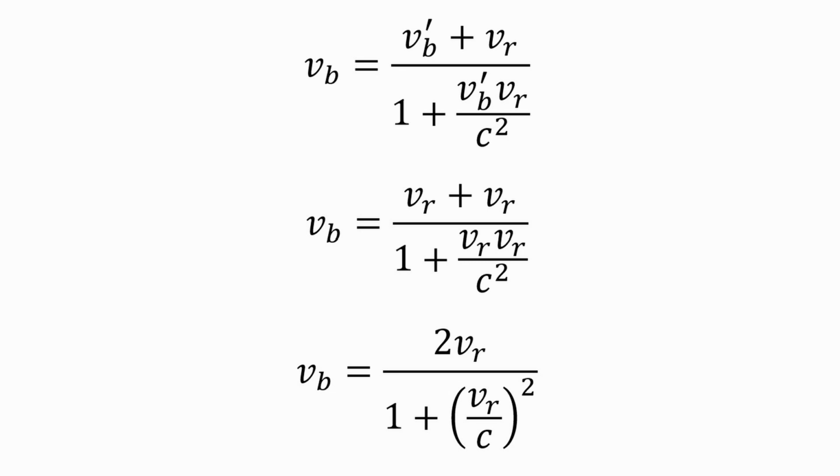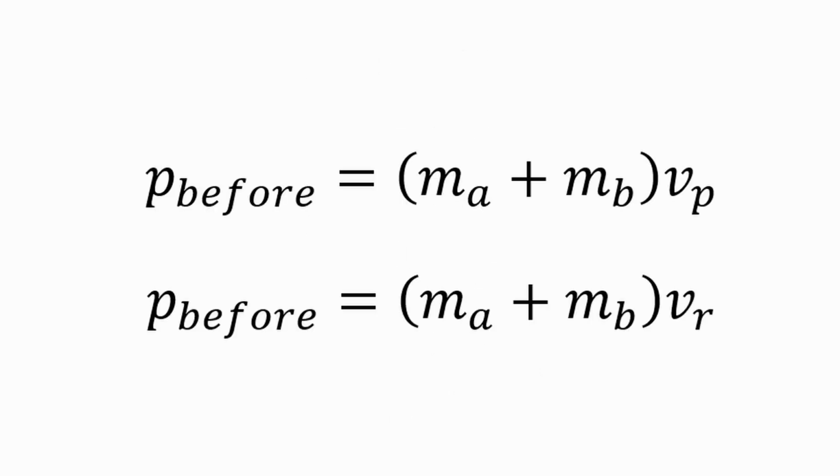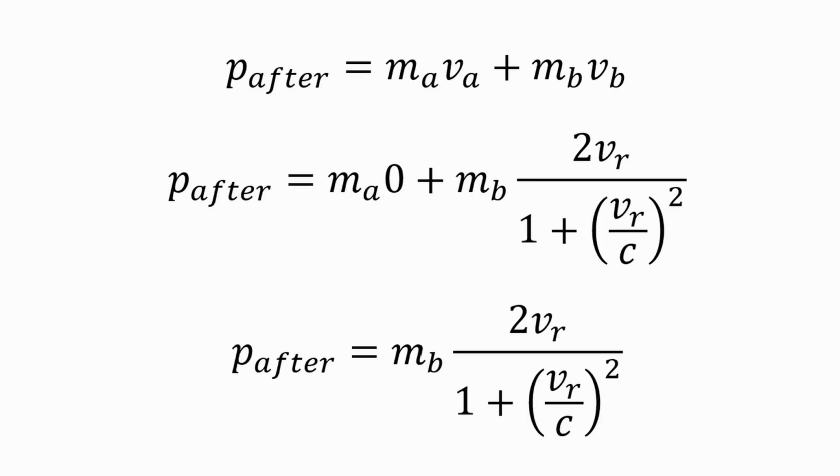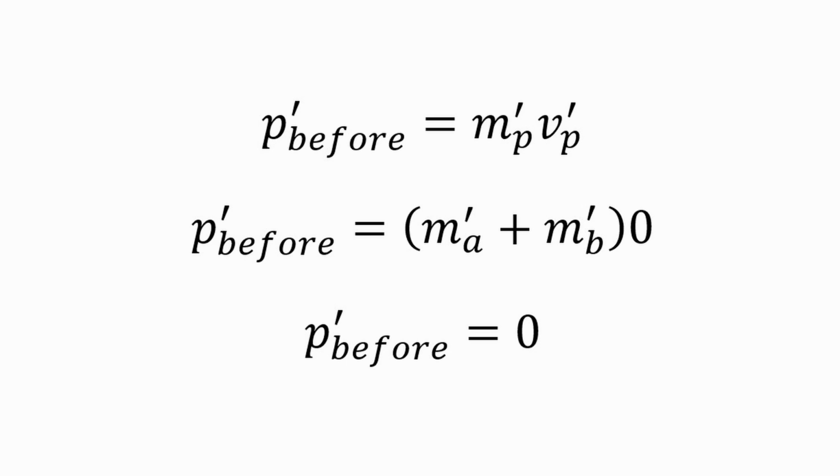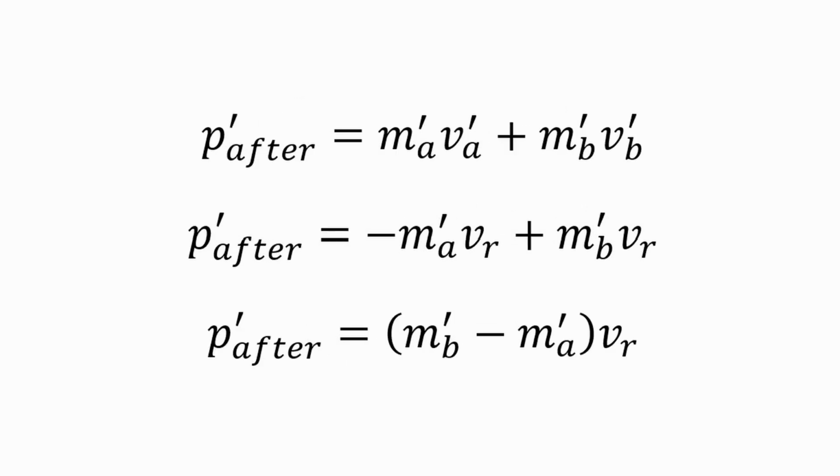Linear momentum before the split in frame S is written as, and after the split it is written as. Linear momentum before the split in frame S prime is written as, and after the split it is written as.